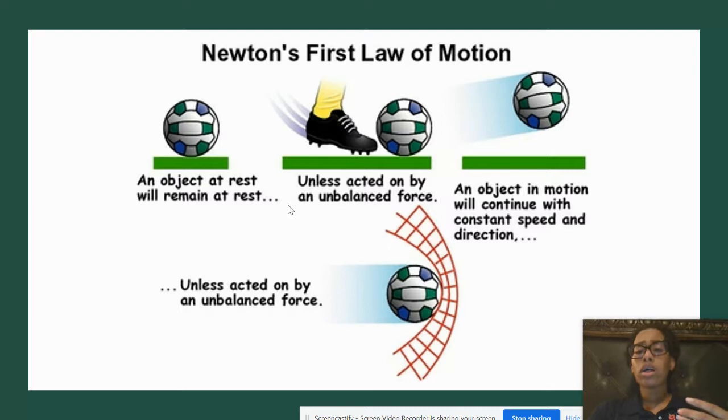The only thing that's going to stop you is an unbalanced force, like gravity and friction, which oppose movement. If I pick up my pen, it was at rest until I applied an unbalanced force and picked it up. And in order for that to happen, I must overcome the object's inertia, which is directly related to its mass. The more mass it has, the more it resists a change in motion. So I have to overcome that in order to move it.